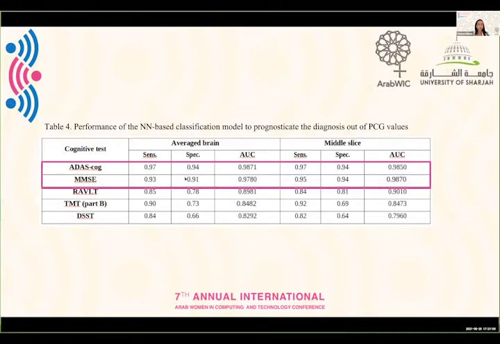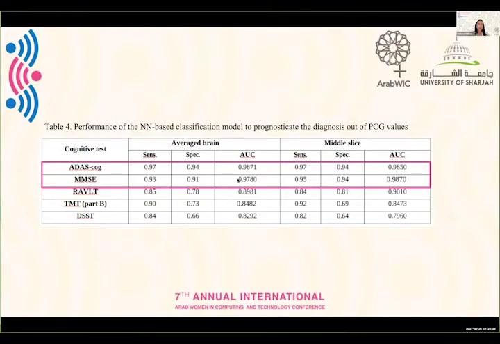The results in terms of sensitivity, specificity, and area under the curve are specified over here. What did we do next? As there are many cognitive tests available to help in diagnosis of dementia, we decided to rank our cognitive tests in terms of their predictive potential. The ranked list is presented over here.